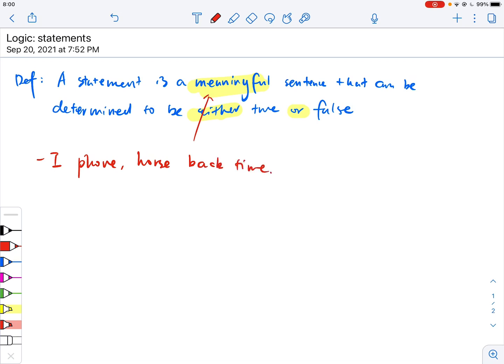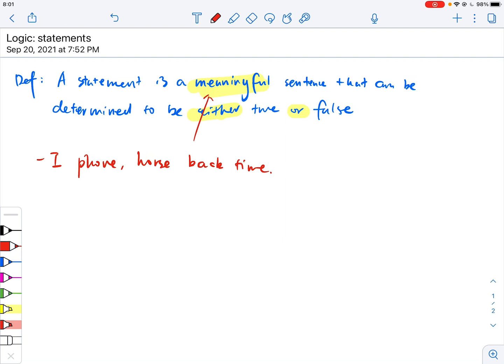This is a sentence, I mean, in some sense it is, but this sentence doesn't express any actual meaning. It's like nonsense, basically. So what this definition says is that a statement cannot be a sentence that does not express any meaning, meaning that a statement has to express something. A statement can't be just nonsense.